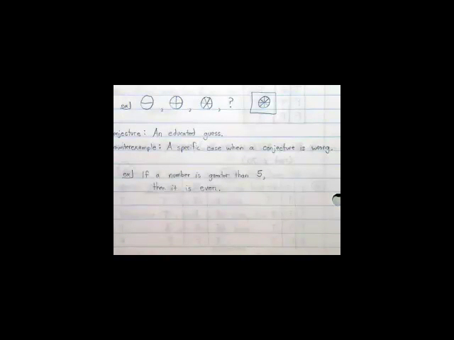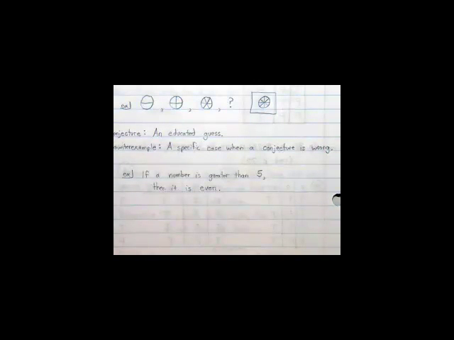Because if it's true all the time, no matter what, there's no counterexample. So, can someone give me a counterexample? An example of a situation in which this is false? Abby. Nope, that's actually true. 6 works, right? Remember, we need an example that shows this is wrong.